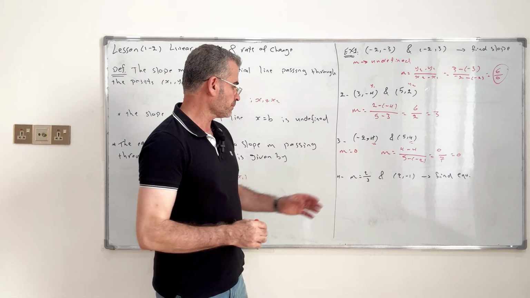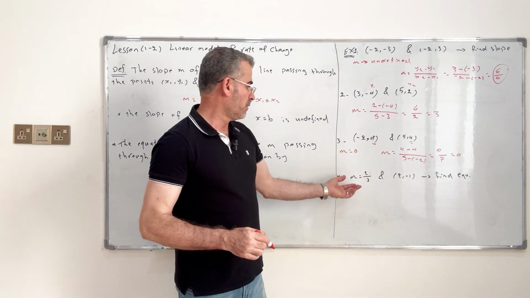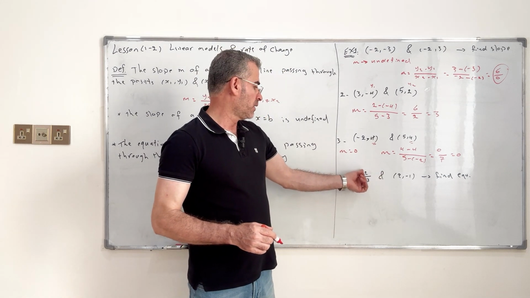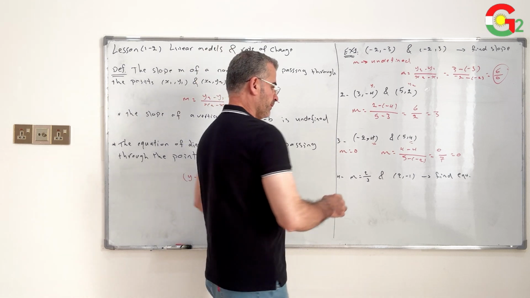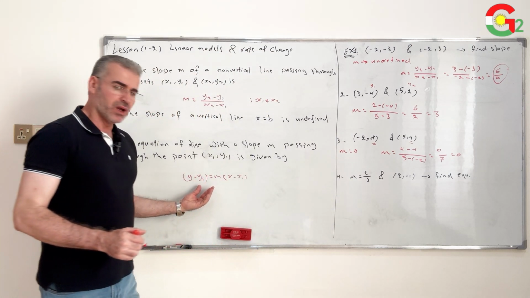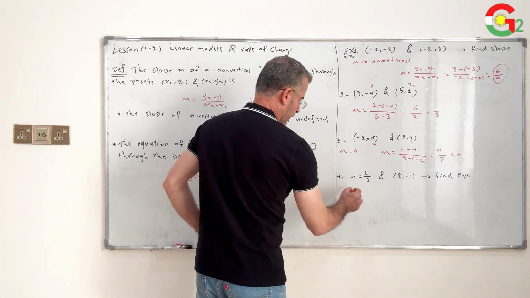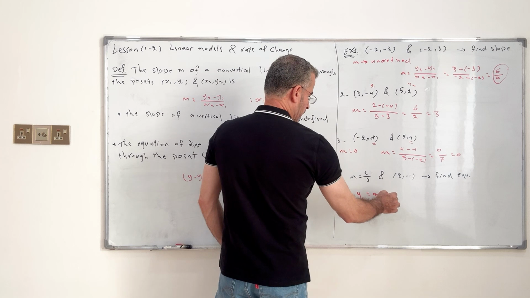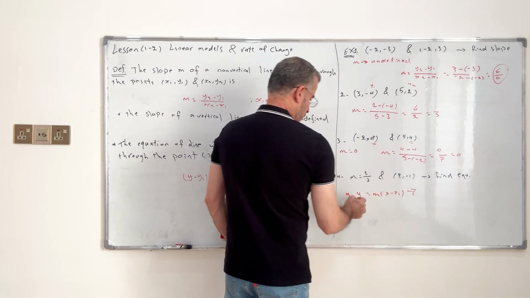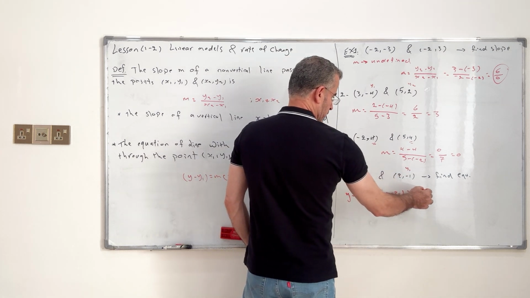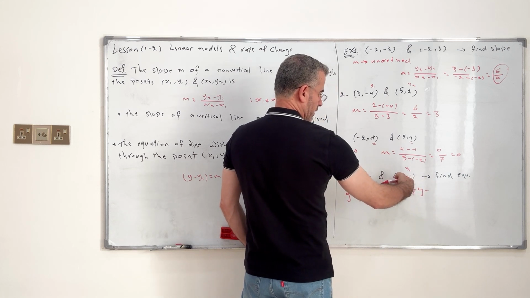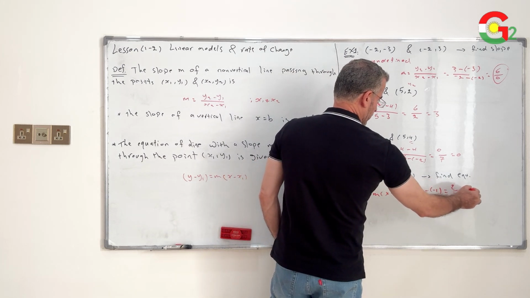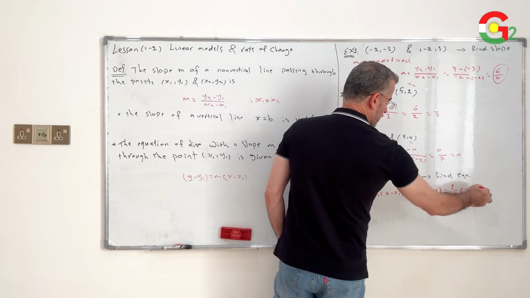Example number 4. Find the equation of the line passing through the point (2, -1) and has a slope of m equals 2 over 3. I'll apply the point-slope formula. y minus y1 equals slope times (x minus x1). y minus y1, it is -1, equals the slope 2 over 3 times (x minus x1), it is 2.